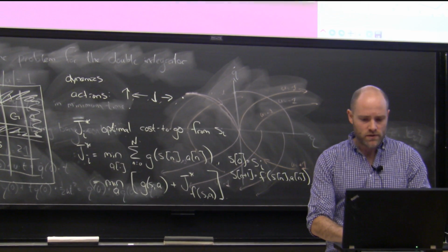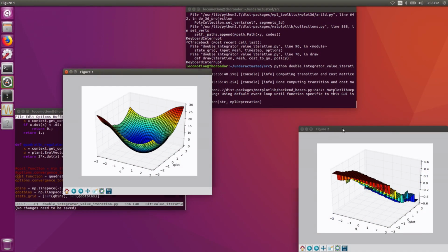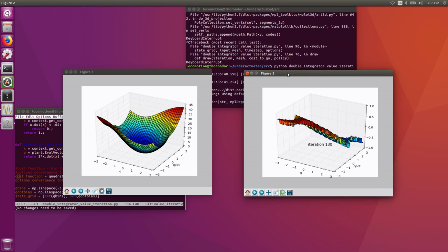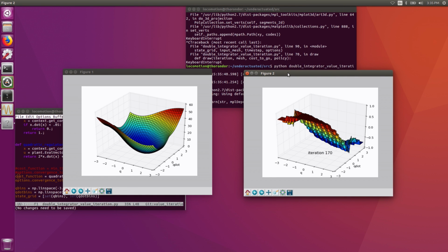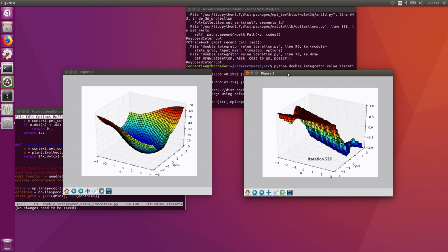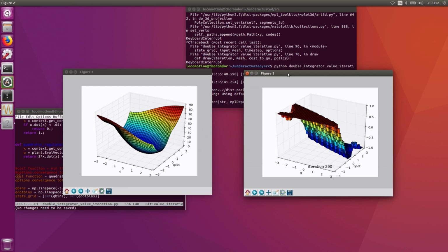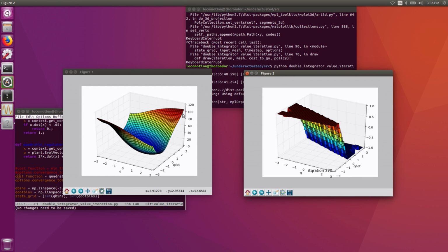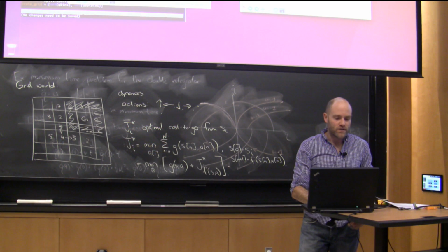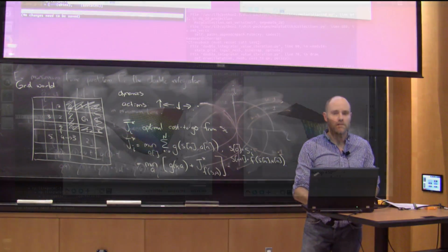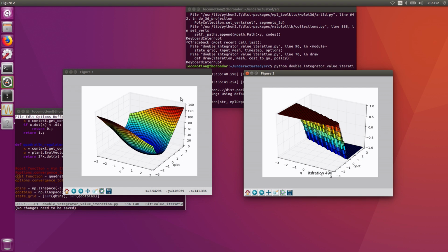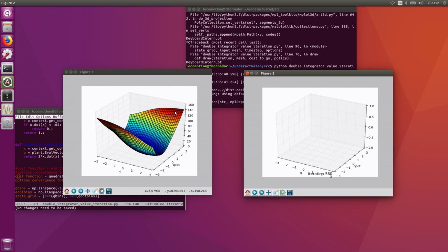And the result is revealing, I think. First of all, we know that the optimal solution for the double integrator with a quadratic cost should be a linear function. I like to show this because it reveals the limitations of the numerical approximation. I've only discretized a finite set of state, so there are some boundary effects where the optimization doesn't understand the dynamics of the edges very well.